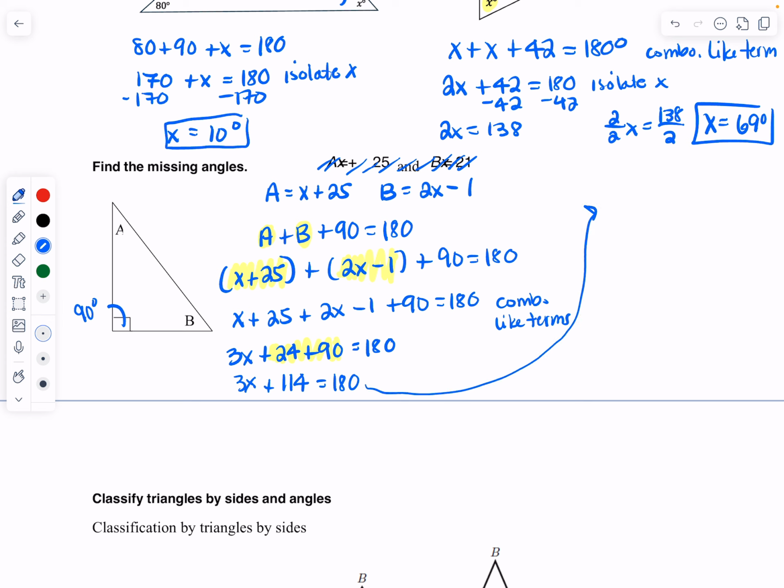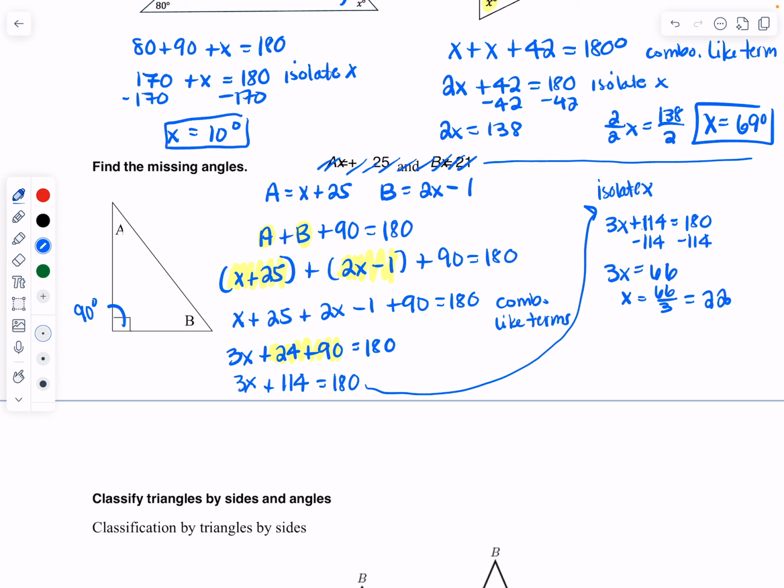Now I'm working on isolating x. I'm going to remove the 114 off of that side, so I subtract 114. So 3x equals 180 minus 114, which is 66. Now x equals 66 divided by 3, which is 22.